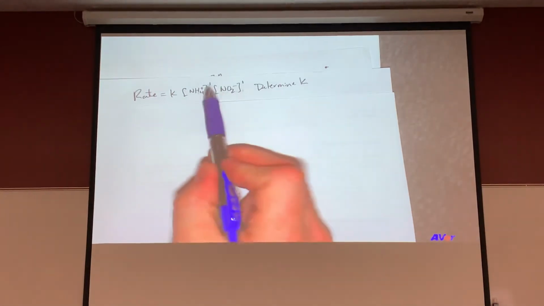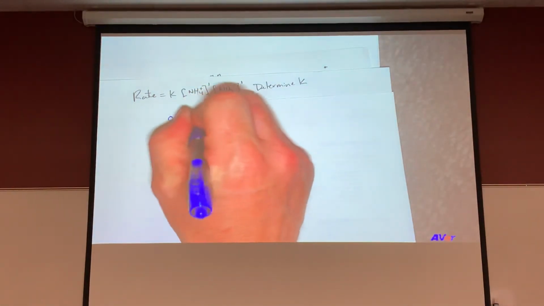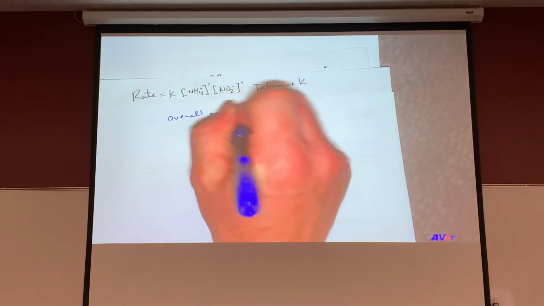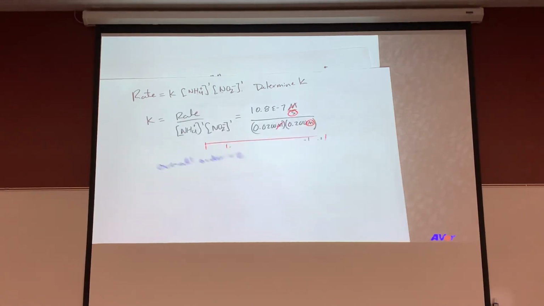Just add up the exponents. So here, you say overall the order was 2. You'd say it's first order ammonium, first order nitrite, overall order is 2. Solve for K using the rate data, you get K equals that number with proper units.